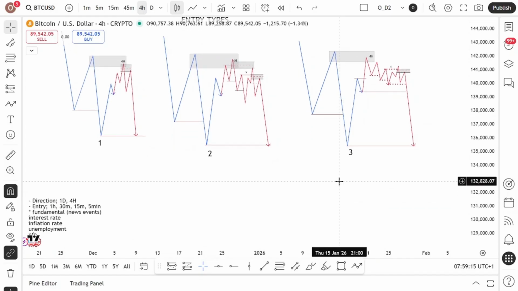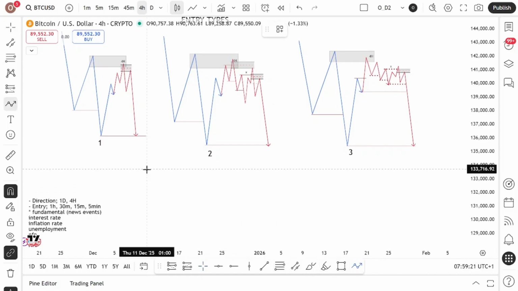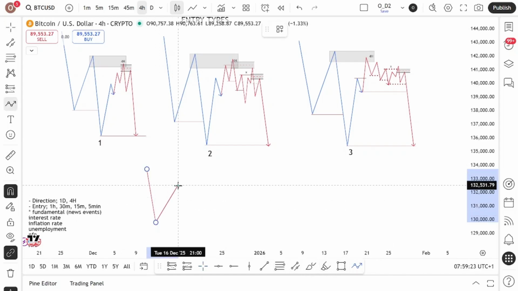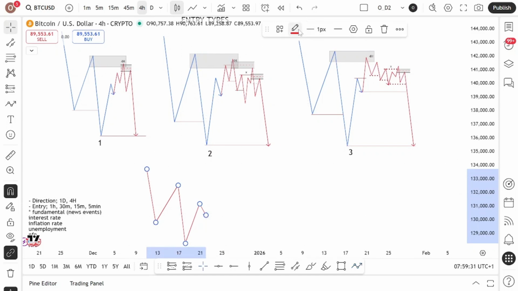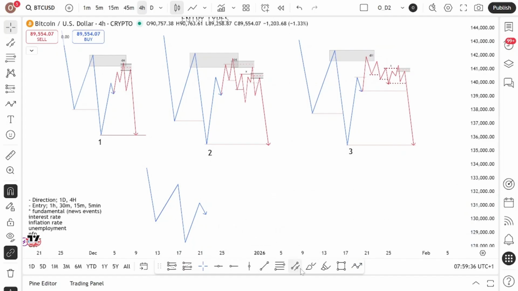Now for my last entry model, I just remember that there were actually four, not three. Now you have your direction, which is confirmed. You have your pullback. You've asked yourself how price is pulling back. I'm always going to be saying 45 minutes, right?